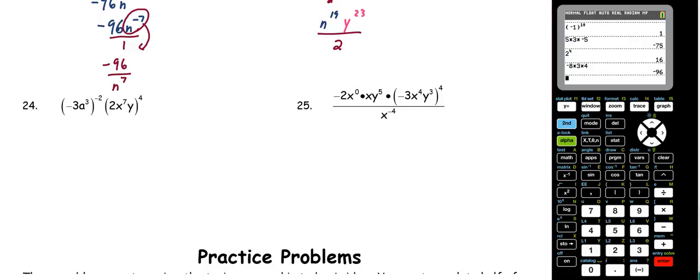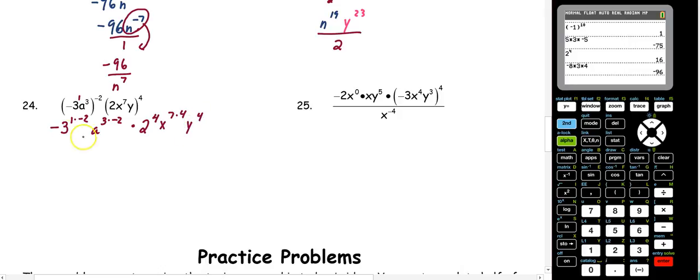24. First thing we need to do is multiply our exponents inside the parenthesis. So remember, everything gets multiplied by -2 in the exponent. So we have -3 to the 1 times -2, a to the 3 times -2. In my other set of parentheses, I have 2 to the 4th, x to the 7 times 4, and y to the 4th.